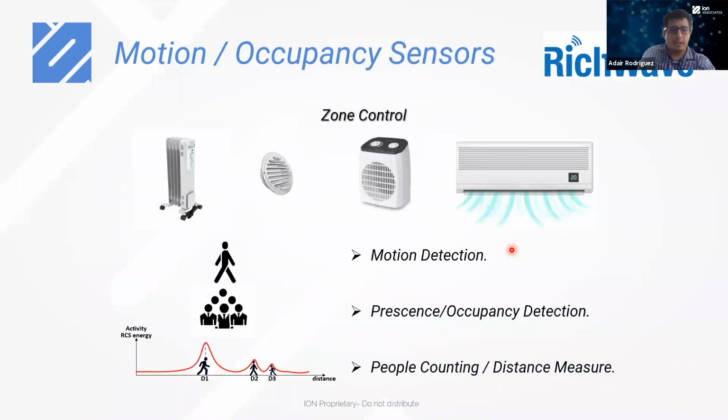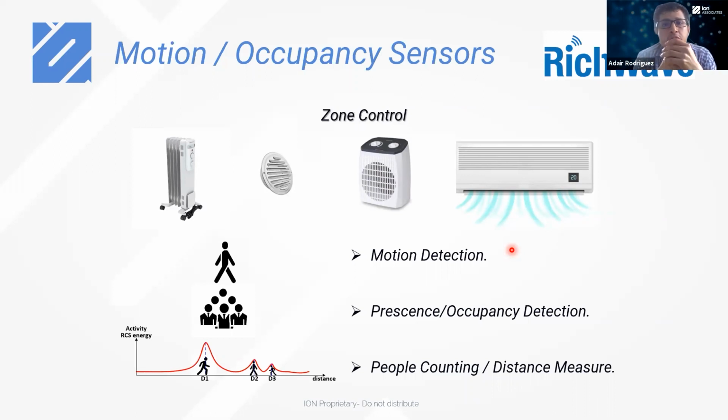Another trend is related, of course, to wireless communication and the implementation of intelligence. Sensors can be used, for example, for motion and occupancy control, but not only for that purpose. We can also use these sensors for the efficiency of the entire system.